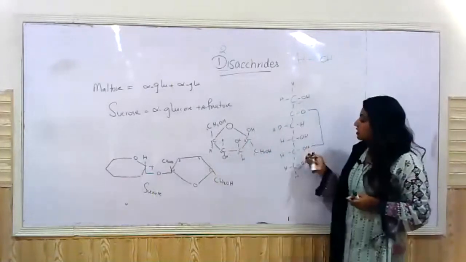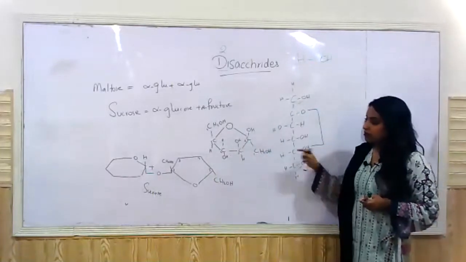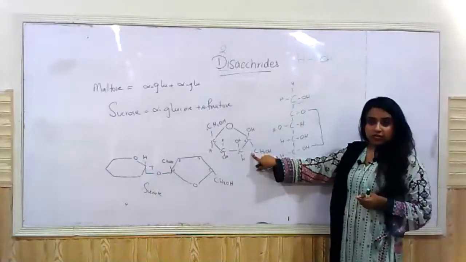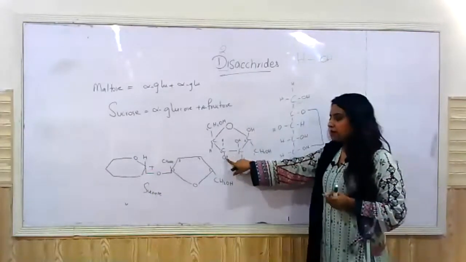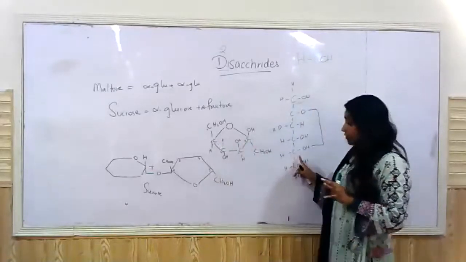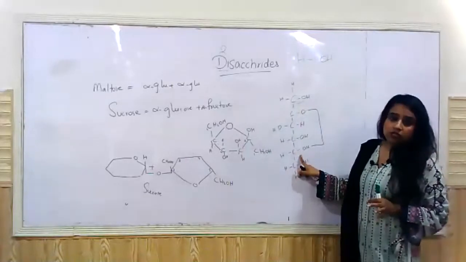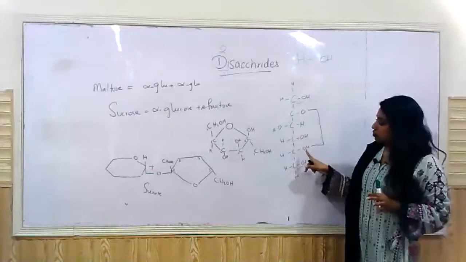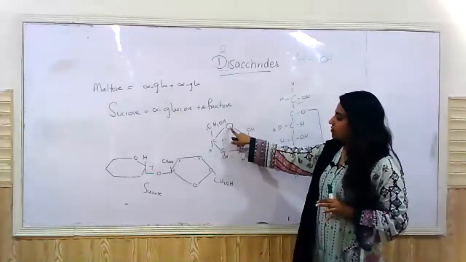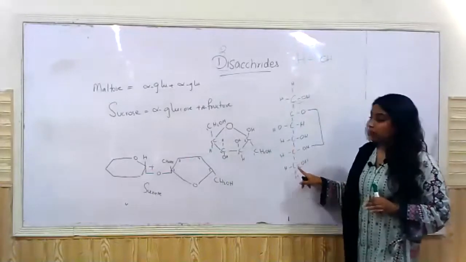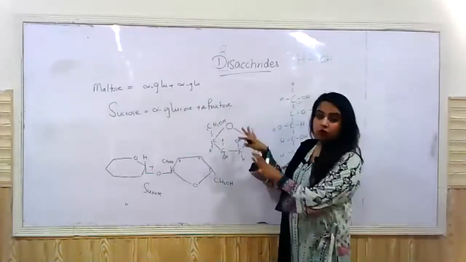Carbon number 2 drags the hydrogen out of carbon number 5. Hence carbon number 2 has an OH group and carbon number 1 attached to one side. Carbon number 3, carbon number 4 normal with OH and hydroxyl groups. Carbon number 5 on the other hand has no hydroxyl group because it has lost its hydrogen to carbon number 2. So it is only attached on one side with oxygen and on the other side with hydrogen and on the third side with the carbon number 6. So this is what this ring looks like.